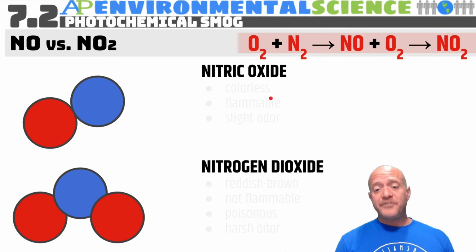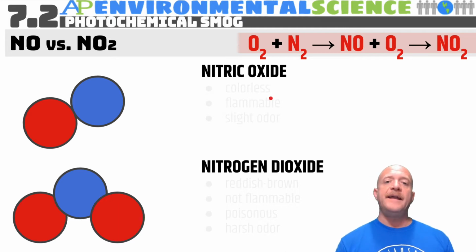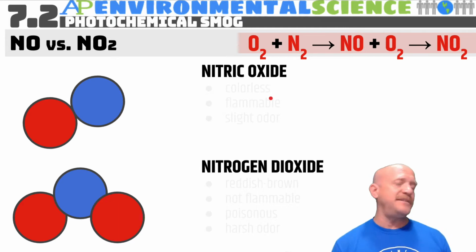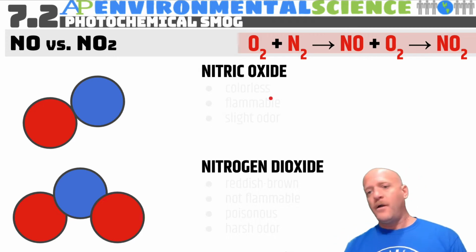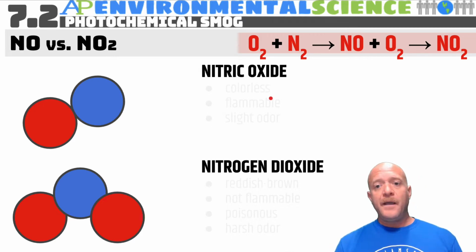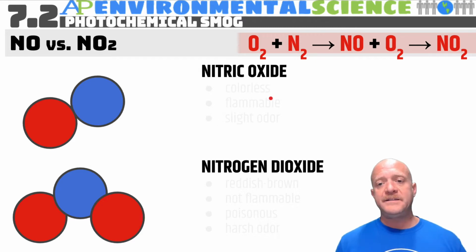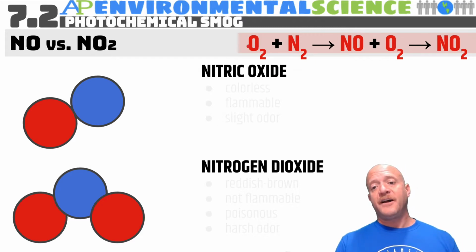Now we have nitric oxide, NO, and nitrogen dioxide. It doesn't matter if you don't remember what they are, that's fine. But the equation is for how to produce nitric oxide first, and then nitrogen dioxide. And I'll go through that in a moment.